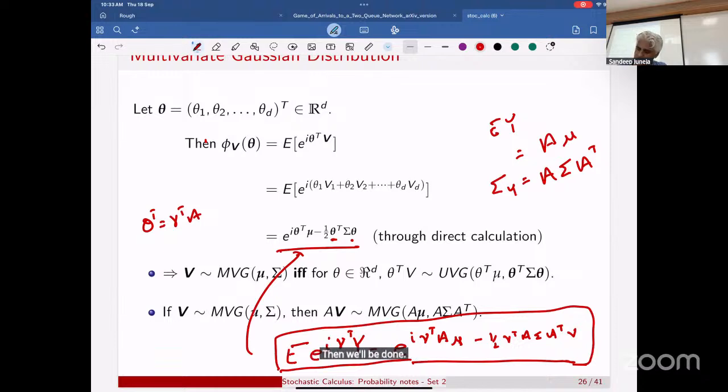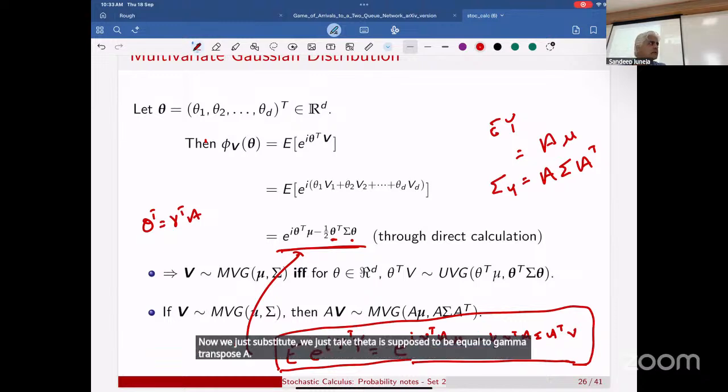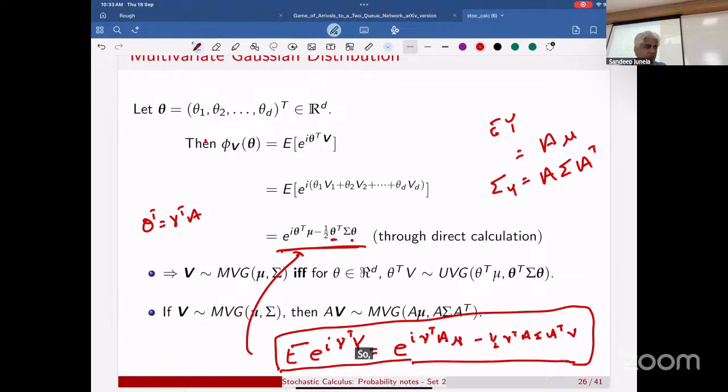We have this, and now we just take theta transpose to be equal to gamma transpose A. Siddharth, is that okay? Yeah, but how are we first defining gamma initially? Well, gamma is defined through this equation.